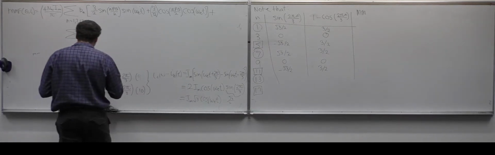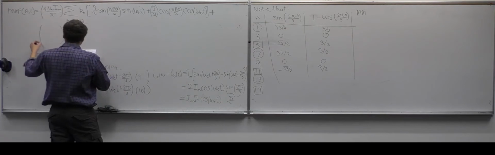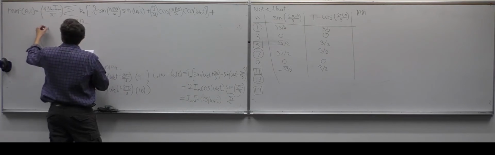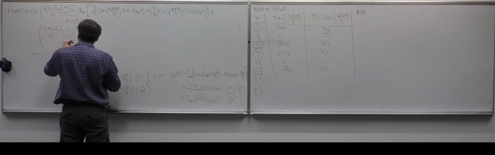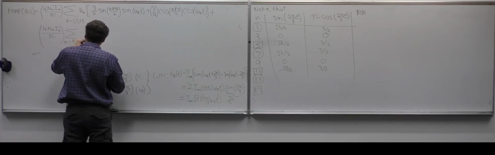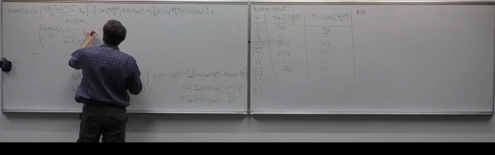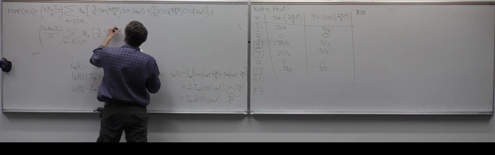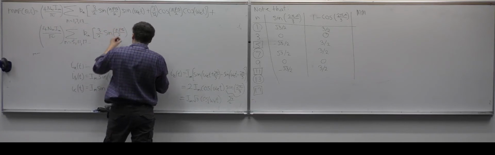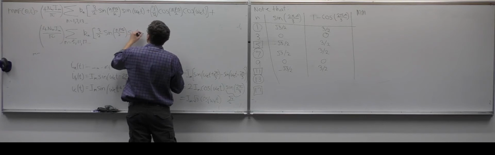So we'll have the 4 NWIM over pi times, and then here's n equals 5, 11, 17, and so on. And that's Kn times 3 over 2 sine np theta over 2 sine omega et.